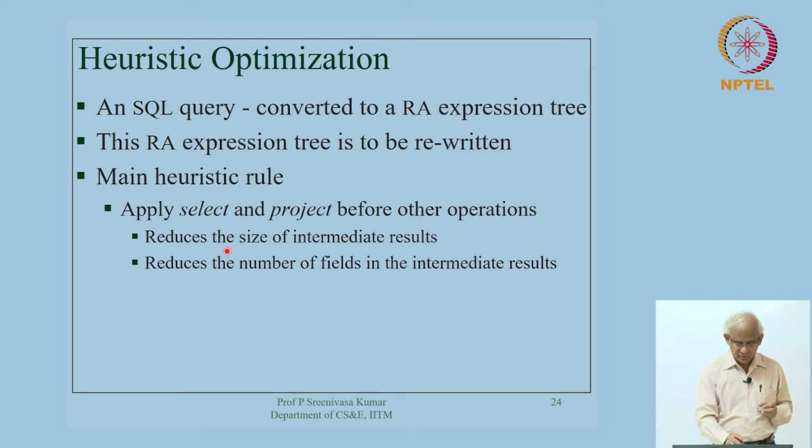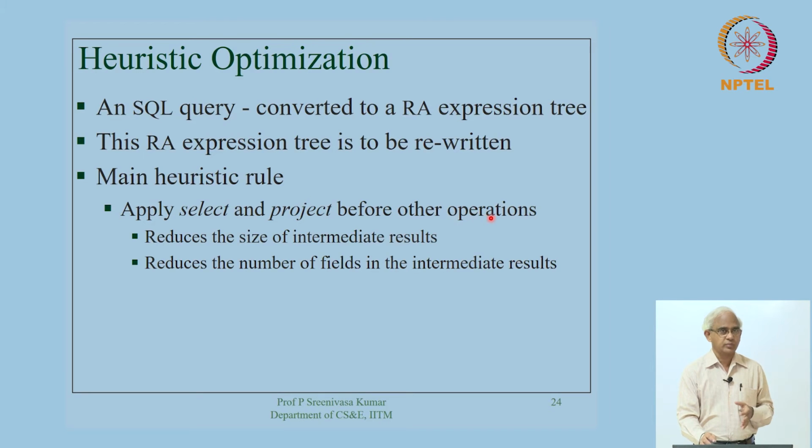So with that idea, we try and push these select and project operators all the way to the leaves, or in other words you need to apply them before you can apply other operators, if it is possible to do that. So that we will see through an example.